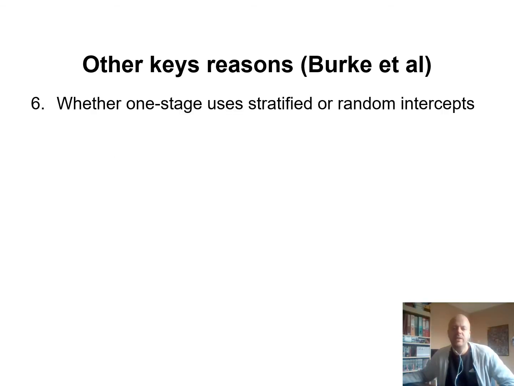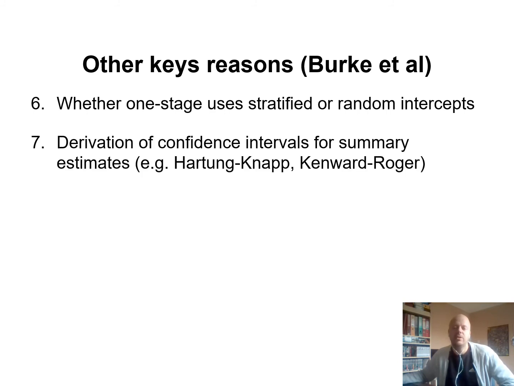Briefly, other reasons why you get differences between a one-stage and a two-stage approach: the one-stage approach uses stratified intercepts or random intercepts. If you choose random intercepts to account for clustering, then that might lead to differences to the two-stage approach, which stratifies. For a two-stage approach, how you derive your confidence intervals, people tend to recommend the Hartung-Knapp, also known as the Hartung-Knapp-Sidik-Jonkman approach, to deriving confidence intervals with t-distributions.